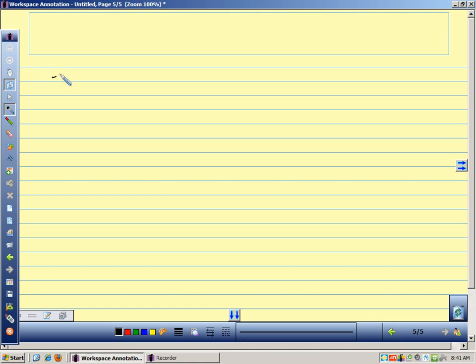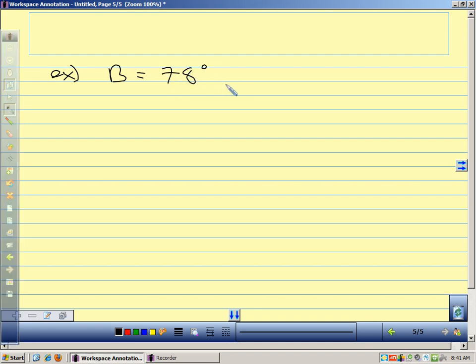For this one, we're given that angle B equals 78 degrees. Side C is 12, and side B is 5. We want to find angle C. So let's sketch out a triangle.